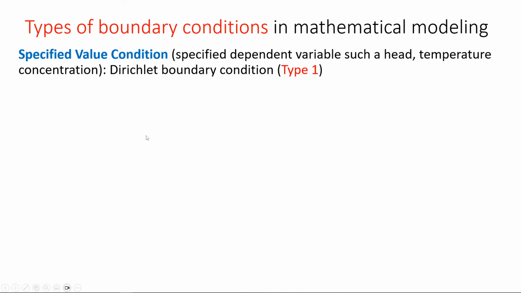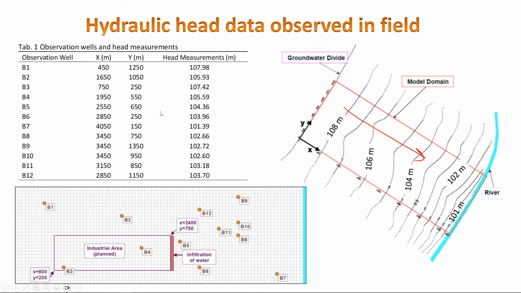The head that your model is simulating should match the head that you are observing in the field, like this one. So this is the head that I'm observing in the field, and I'll keep playing with this hydraulic conductivity value until my model simulates something that looks like this.